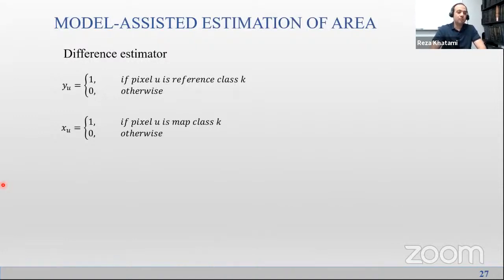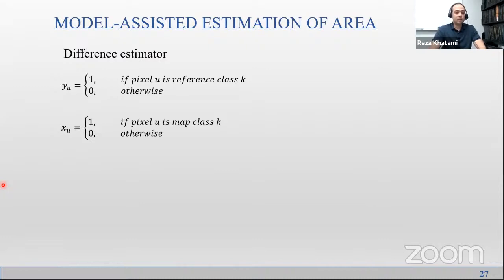We define two binary variables. The y variable could have values of 1 and 0 depending on whether a pixel has the reference class of interest or not. So for example, if we want to estimate the area of the water class, if a pixel has the reference or true label of water, the value for y would be 1, otherwise it would be 0.